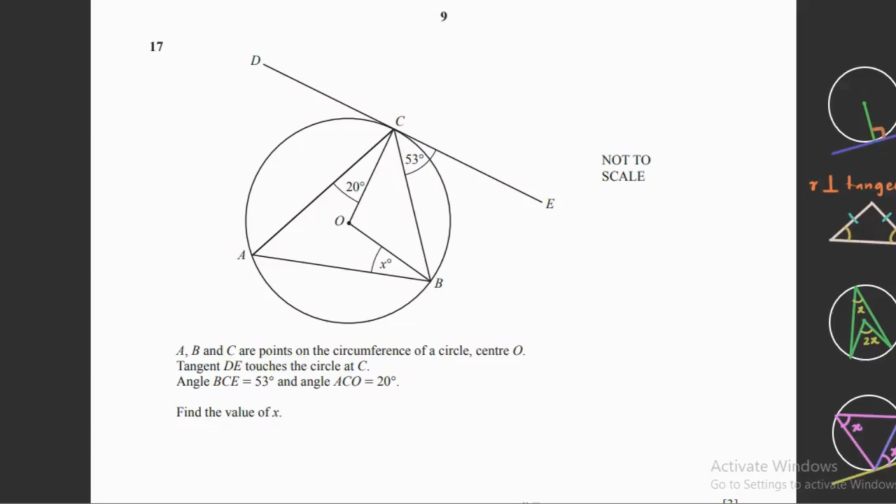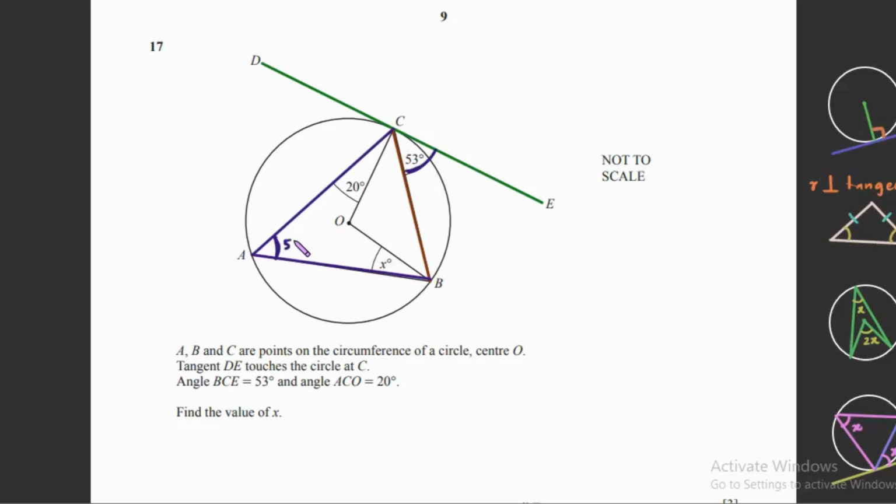This is the angle that is between this tangent DE and this chord CB or BC, which means the angle that is formed by the same chord in the alternate segment, which is this one, will be equal to the angle that is formed between the chord and the tangent.